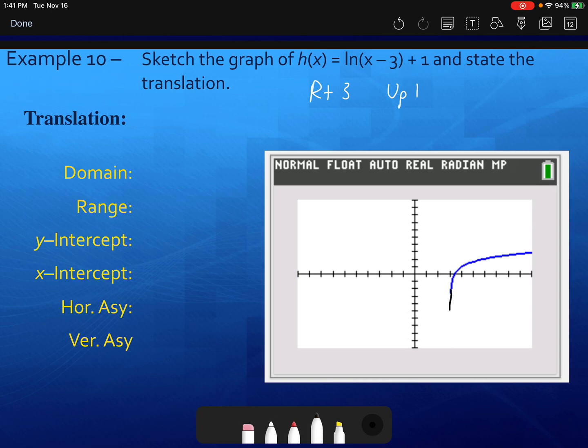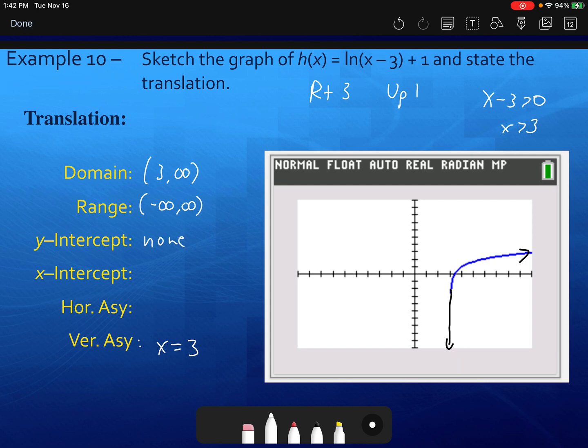It is not. It continues to go down because we have an asymptote at 3. So our vertical asymptote is x equals 3. That limits our domain to 3 to infinity. Our range stays the same, as always.